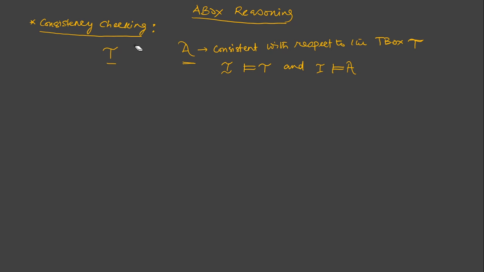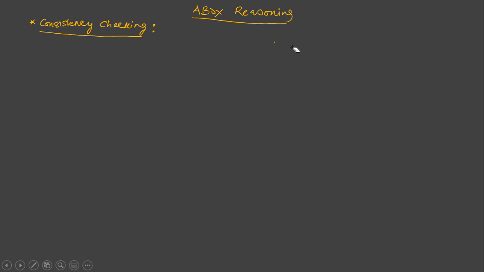Now let us take some concrete examples. Let us consider our T box to contain only one T box axiom, which we already discussed in the last video lecture.